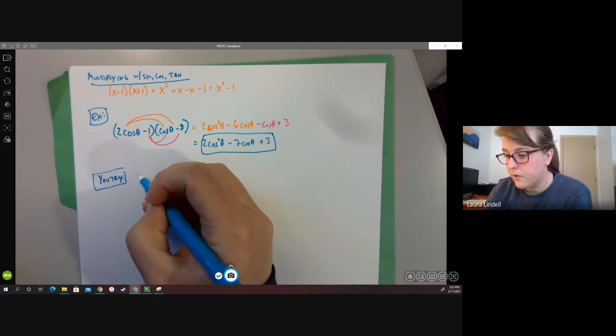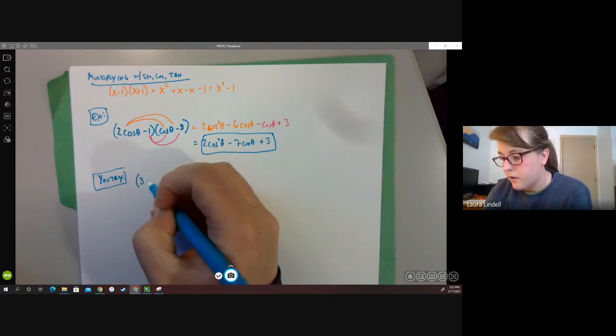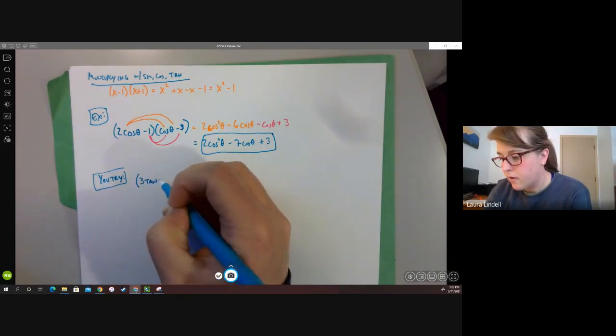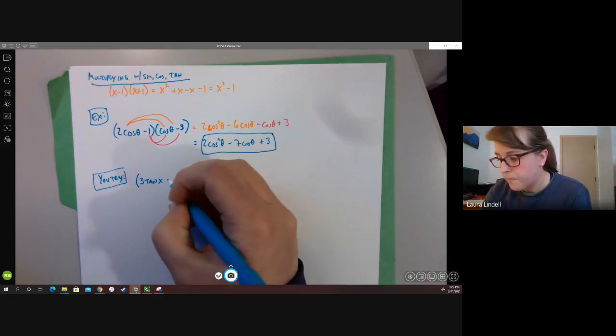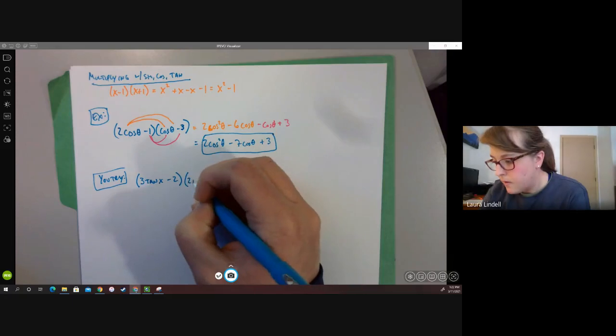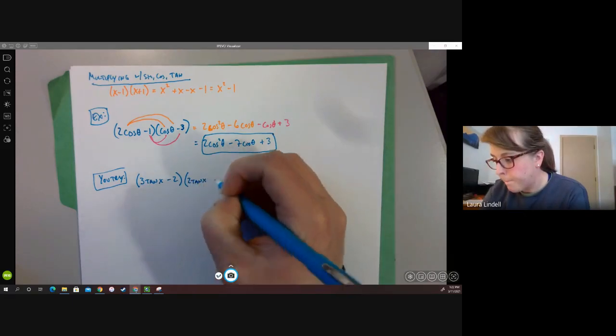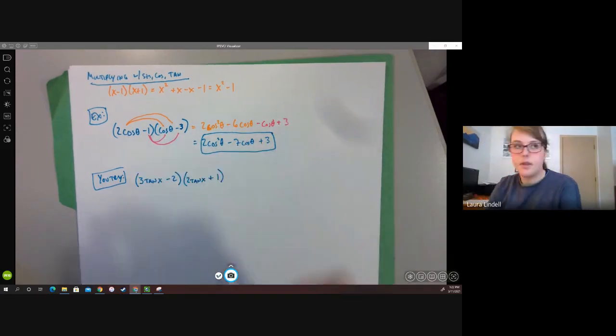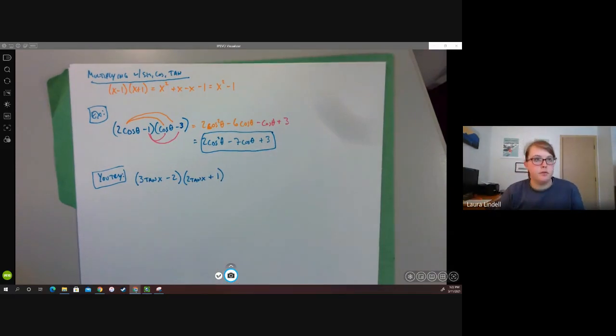And then we'll be done with new stuff. 3 tangent x minus 2 times 2 tangent x plus 1. Go ahead, multiply this one. When you think you've got it, type "got it" in the chat.